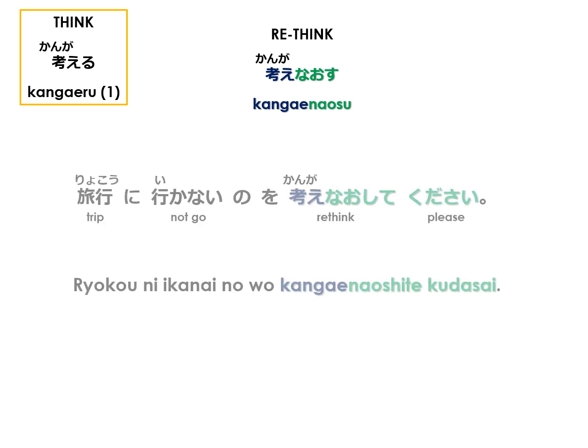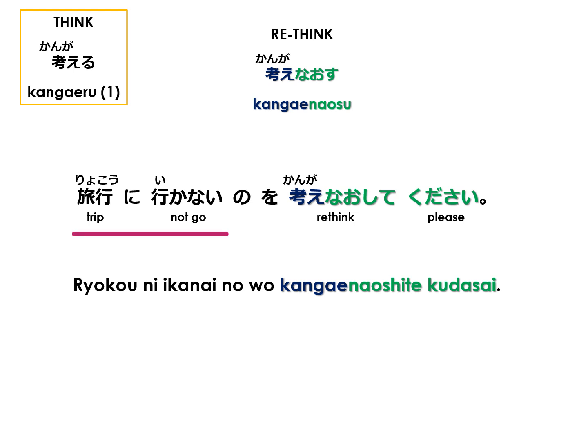To think is 考える. 考え直す means to rethink. 旅行に行かないのを考え直してください。We have several conjugations going on in this example. We have a verb clause, 旅行に行かない, meaning not going on the trip, being nominalized by the particle no, which we learned back in lesson 44.